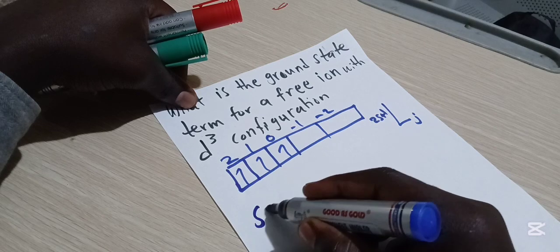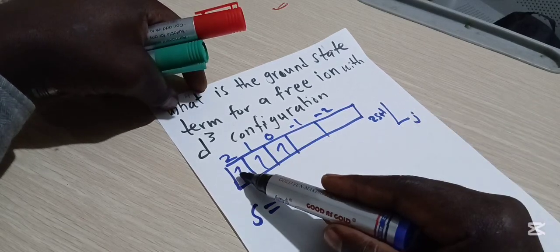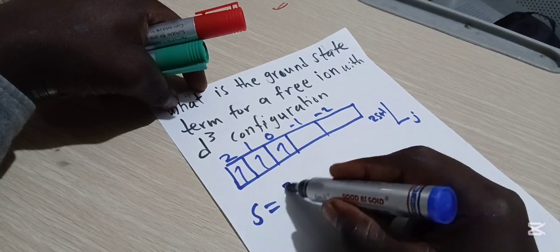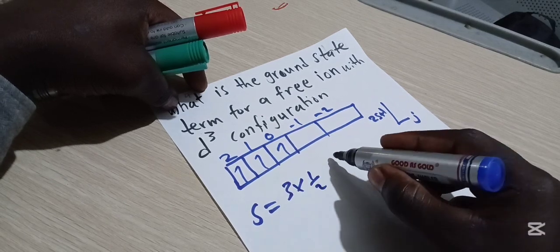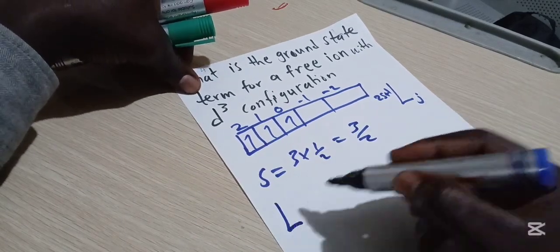Our S is the total spin quantum number. We have plus half plus half plus half. So plus half by 3 is going to give us 3/2.